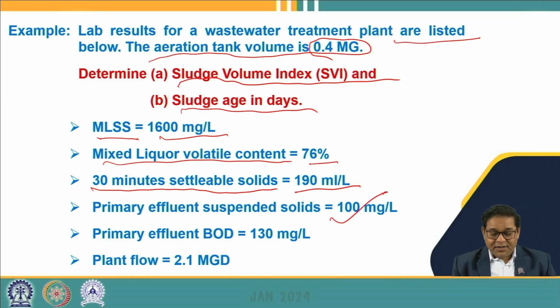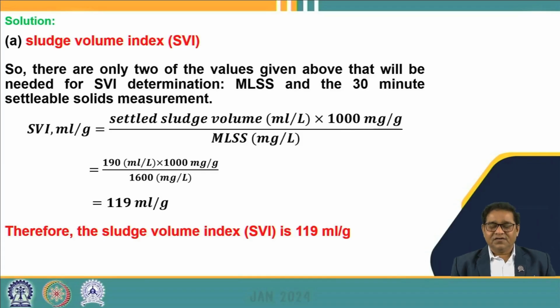Similarly, the primary effluent contains suspended solids equal to 100 milligram per liter, its BOD is also given, and the flow is 2.1 million gallon per day. Using these parameters, we have to determine the sludge volume index and the sludge age in the aeration tank. Let's first determine the sludge volume index.